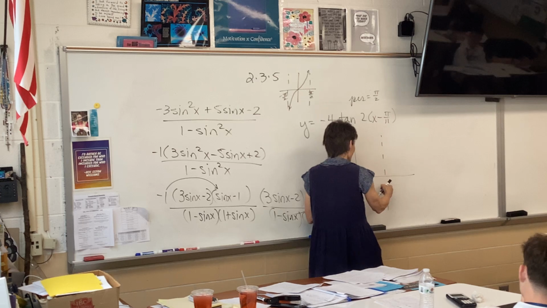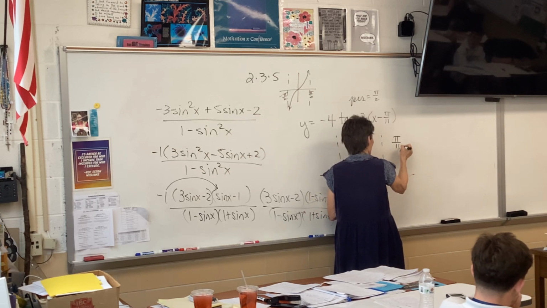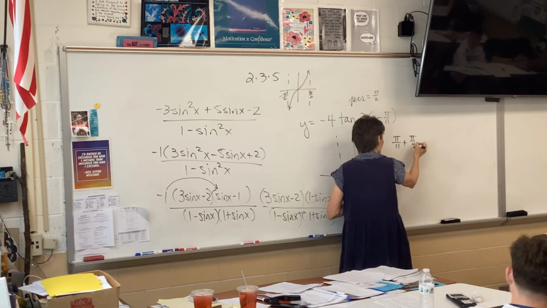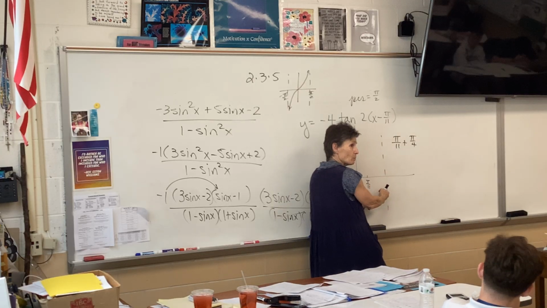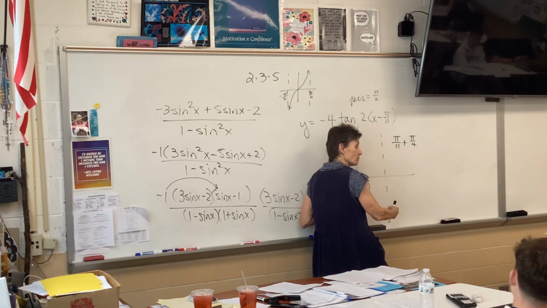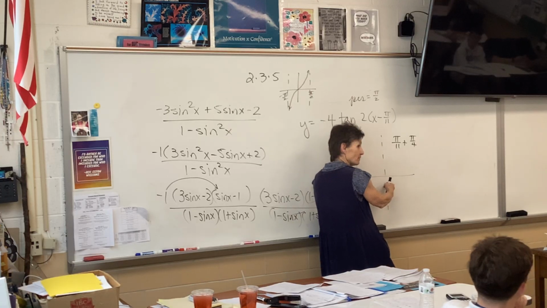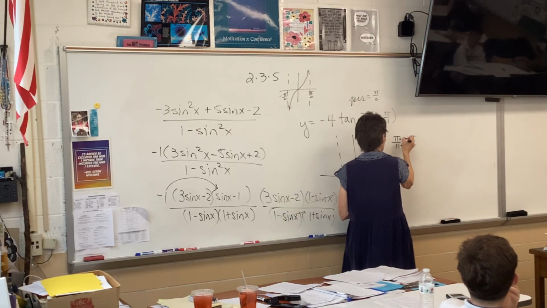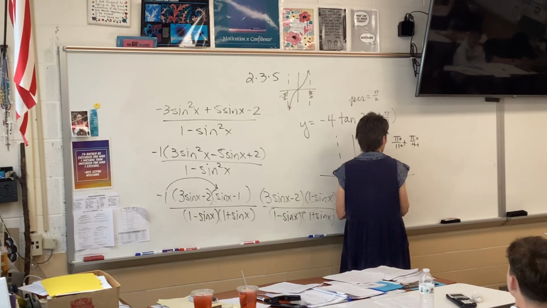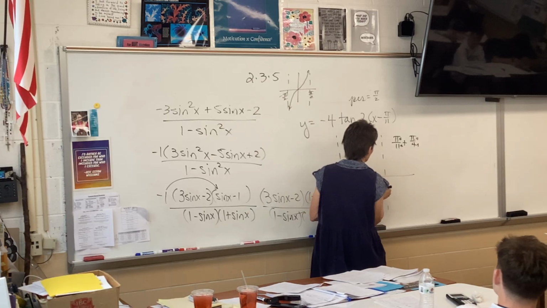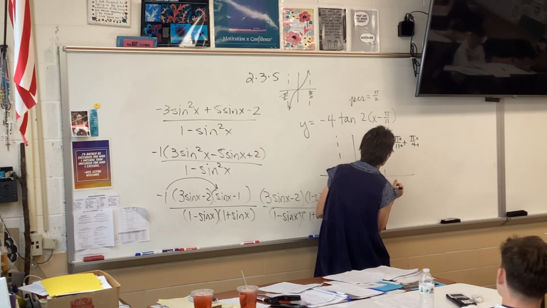So I have to take my pi over 11, which is my starting point, and add pi over 4. Is everybody understanding what's happening? The whole thing is pi over 2, so half of it is pi over 4. So what's that going to be? 15 pi over 44. Oh, my math, is that right?